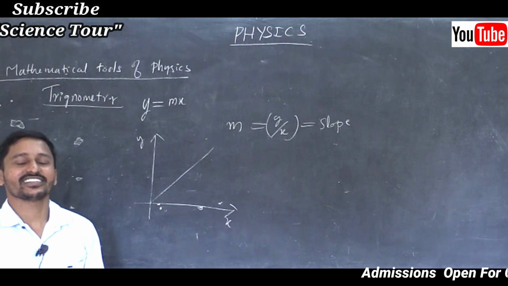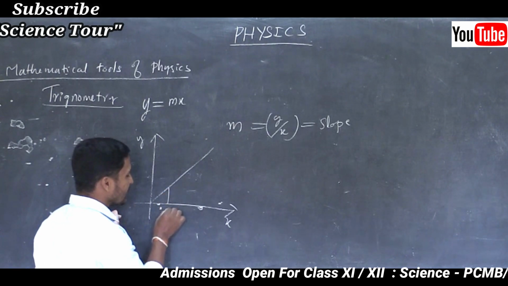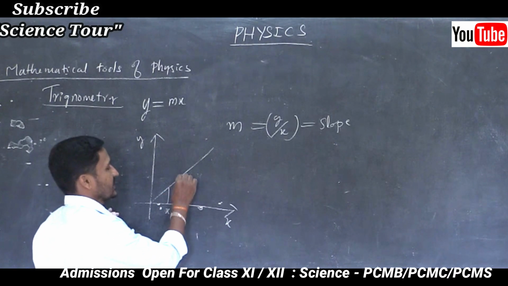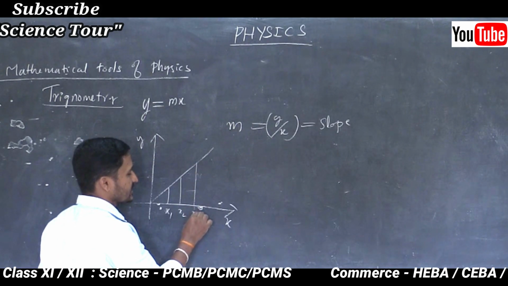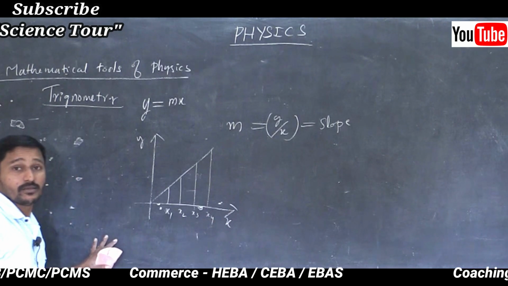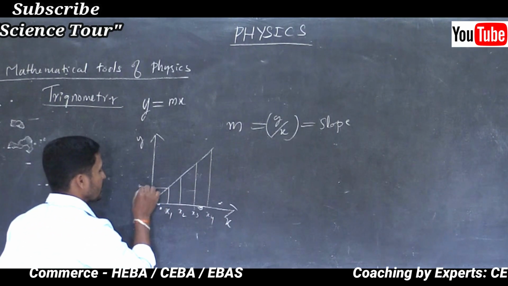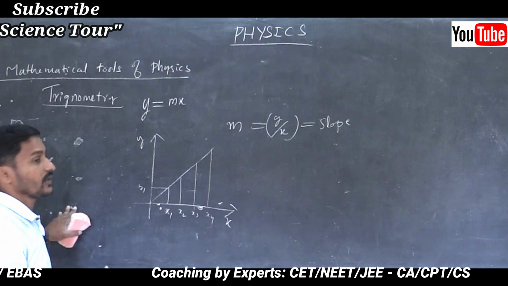How do we find that in physics? So this point is x1, this is x2, this point is x3, and this point is x4. Similarly, this point is y1. Why is it x1, x2, x3 and y1, y2, y3?